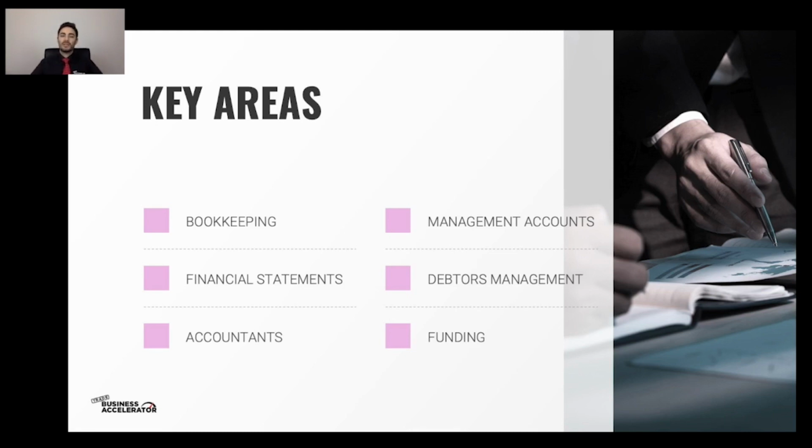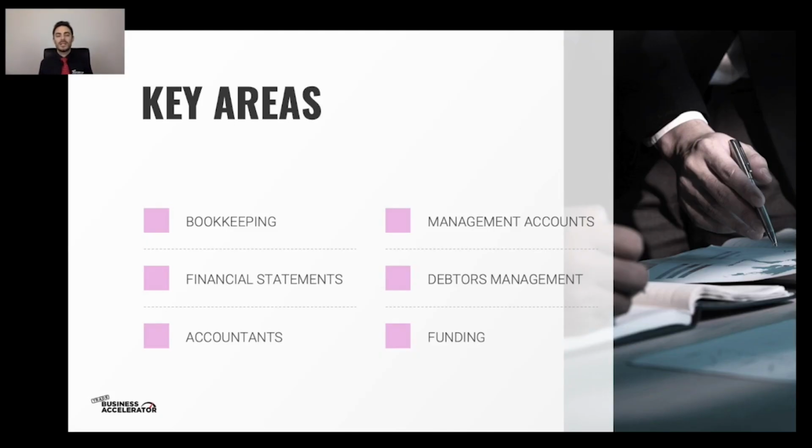Next key area is financial statements. Financial statements are key financial documents that we look at so that we can gauge how well our business is performing in relation to how we expect it to be performing. There's three main financial statements that we'll be looking at and teaching you how to read and looking through. Number one is your cash flow forecast.